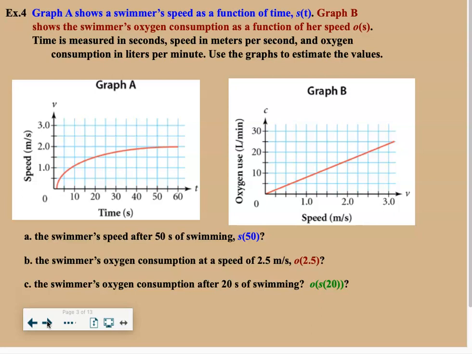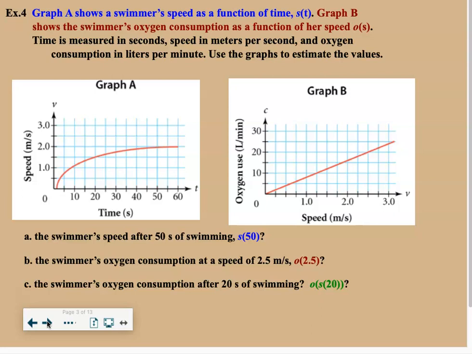So for example, after 10 seconds, she is swimming a little over 1 meter per second. All right, graph B relates her speed in meters per second to her oxygen use in liters per minute. So if her speed is 1 meter per second, she's using around 8 liters of oxygen per minute.